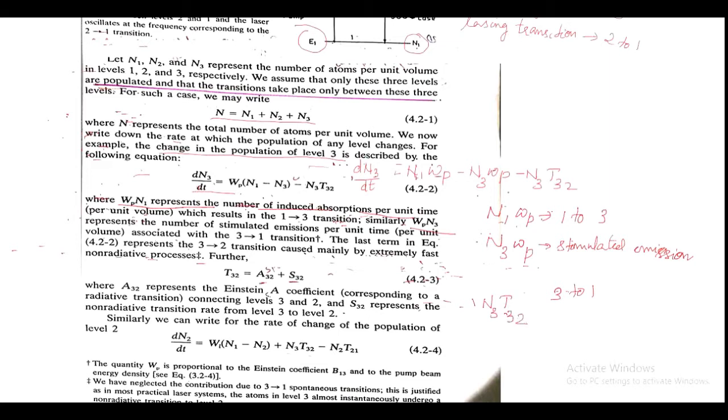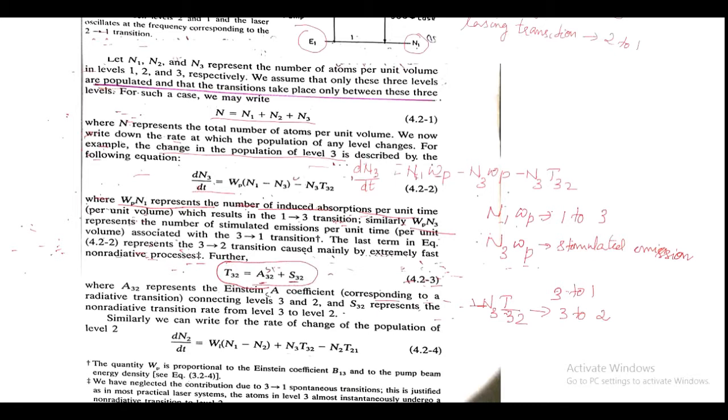N3 T32 represents the transition 3 to 2, and it is caused mainly by a non-radiative process. So we can write T32 equals A32 plus S32.